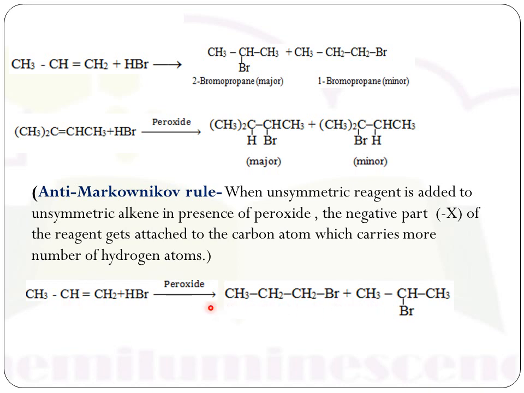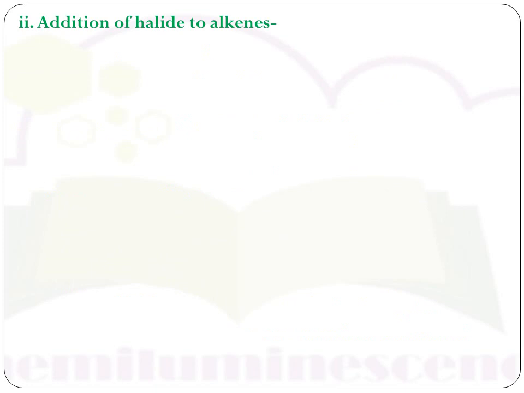Here peroxide is used, hence the compound formed when the negative part is attached to the carbon carrying more hydrogen atoms is obtained as the major product. Hence in this reaction, 1-bromopropane is the major product and 2-bromopropane is obtained as a minor product.